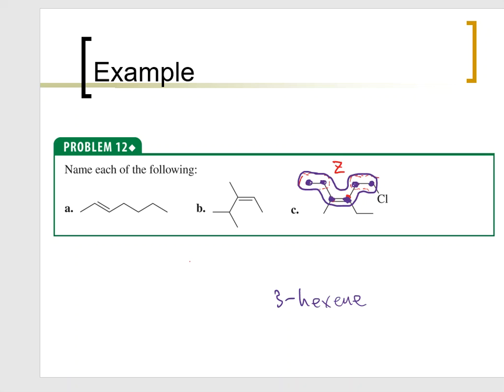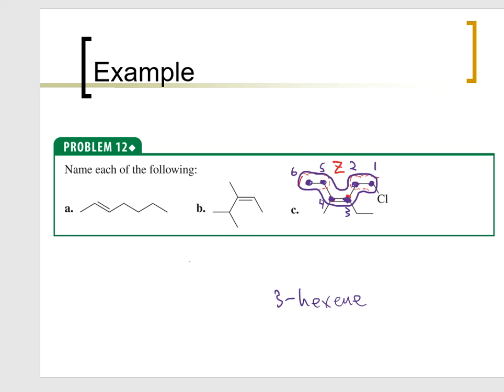So if our job is to give as many of the substituents the lowest number possible, then it's going to force me to start my numbering system over here on the right. So that is carbon 1, this is carbon 2, that is carbon 3, here is carbon 4, there is carbon 5, and there is carbon 6.